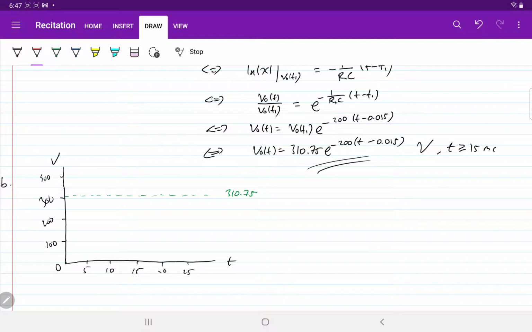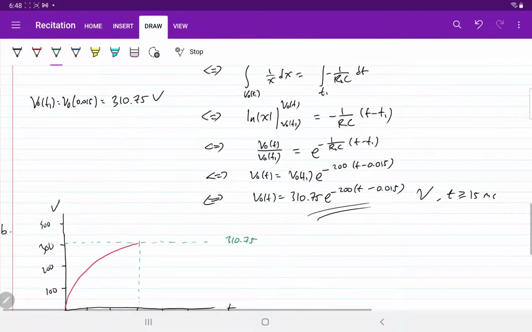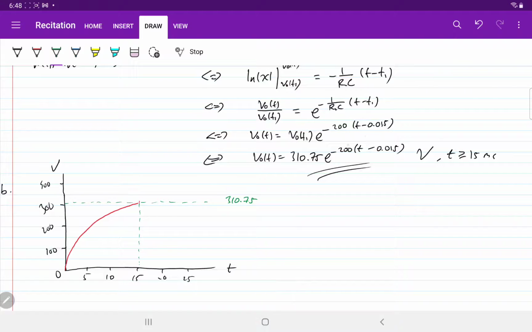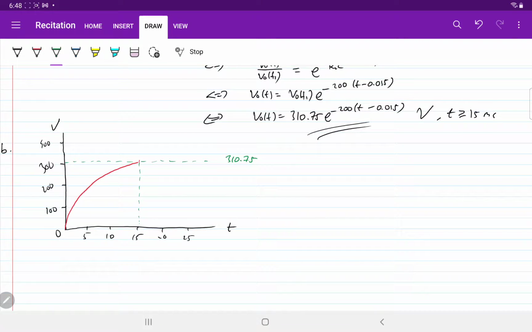Since we have an exponential, the plot will rise exponentially, and then here it will decrease, because when t is infinity, e to the power minus infinity goes to 0, so it will decrease exponentially to 0.